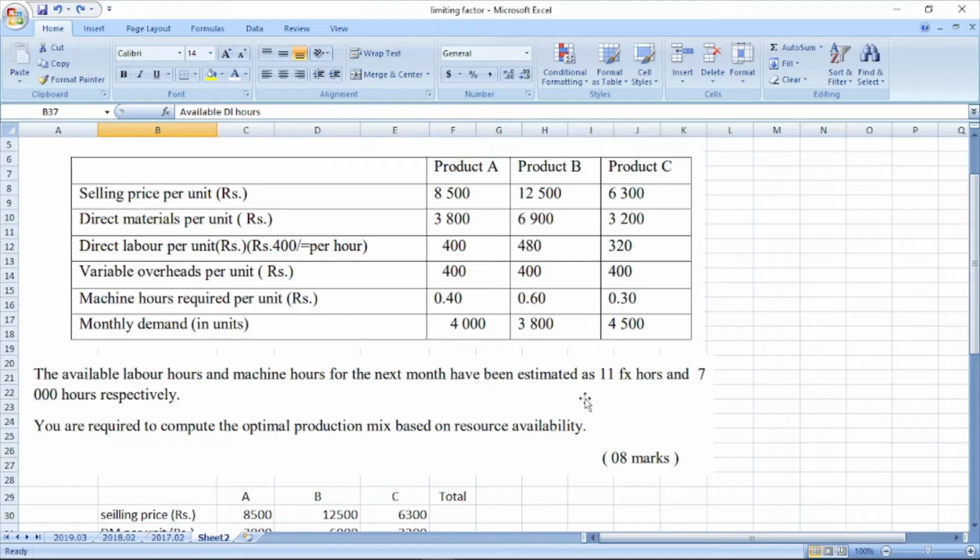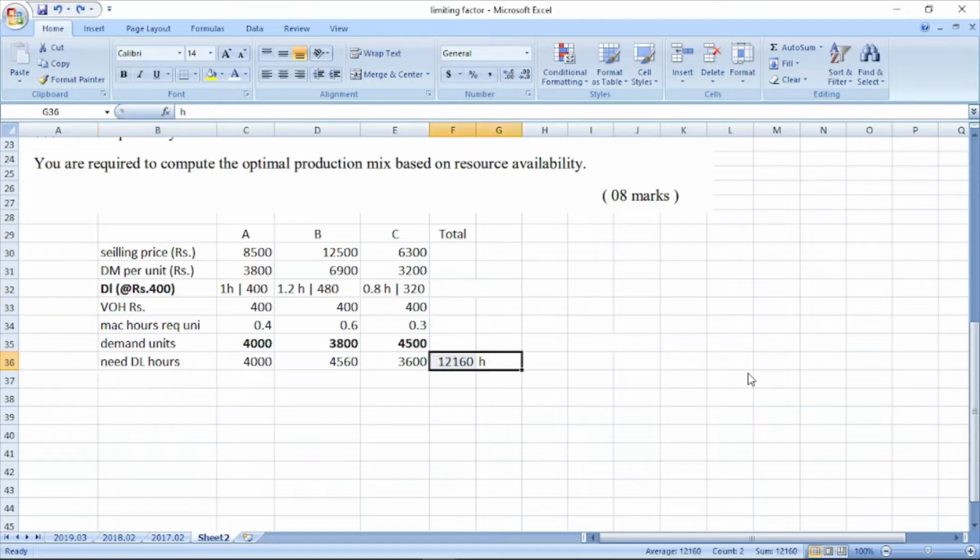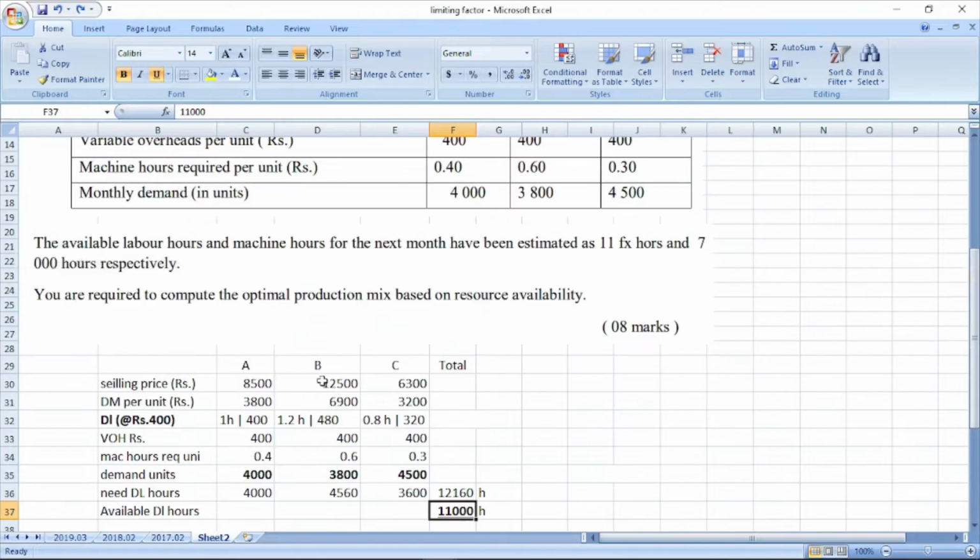Next, we see how many hours we have available: labor hours we have 11,000 and machine hours we have 7,000. So we can get the total requirement of direct labor hours to produce all products. According to our plan, we need 12,160 direct labor hours in total, but we have only 11,000.